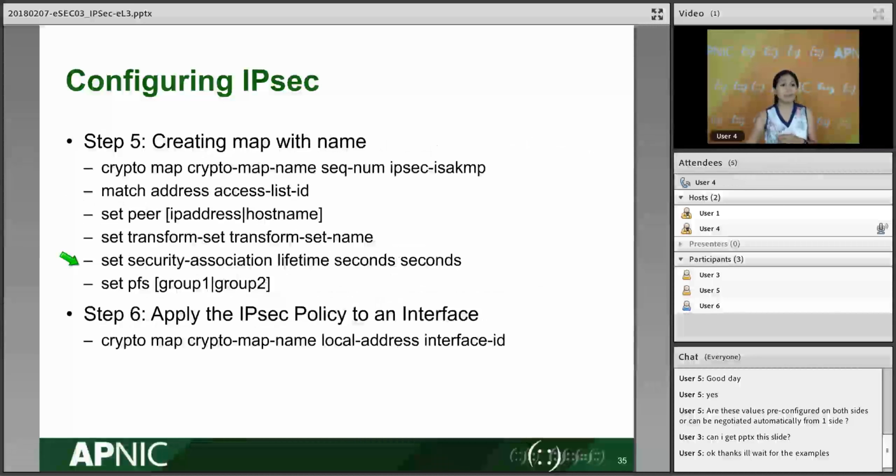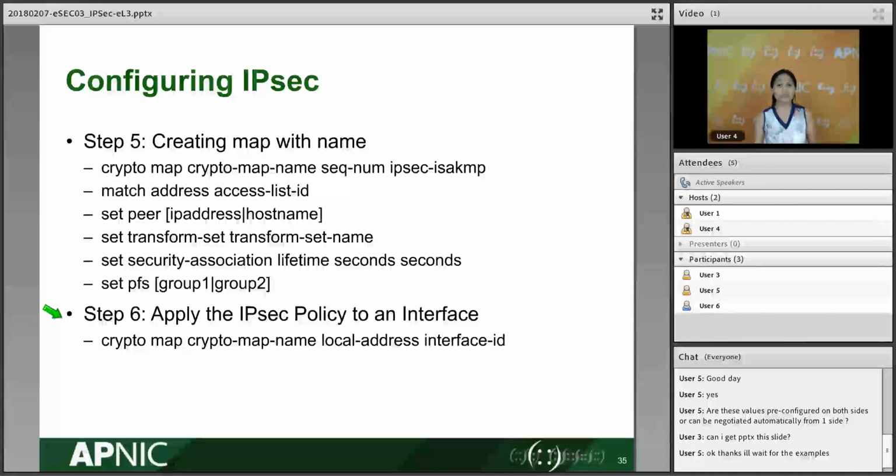There's also a step 5 and 6, actually. You have to create the crypto map. That's where you identify who will be the peer, the IP address of the peer, which transforms you're using, and which security associations are going to be used, pretty much using the previous information from steps 1 to 3.